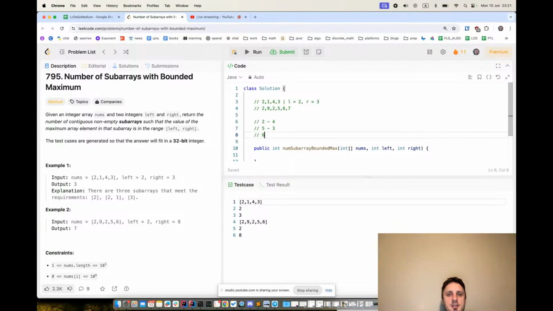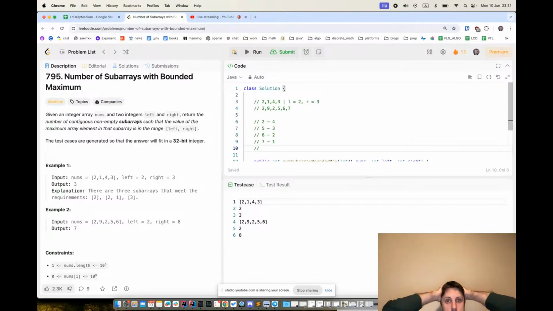For 6 we have 2, and for 7 it would be 1. So in the result, it would be 4, 3, 2, and 1. So actually, it's an arithmetic progression.